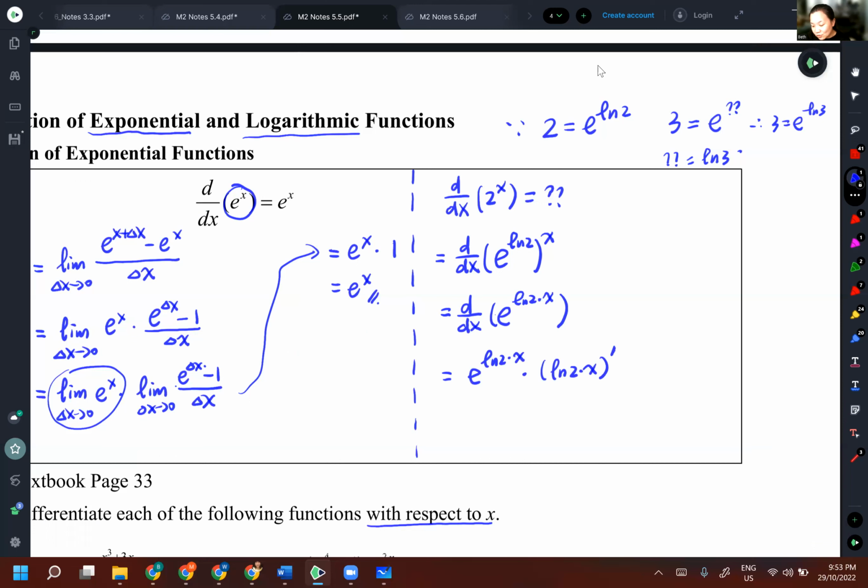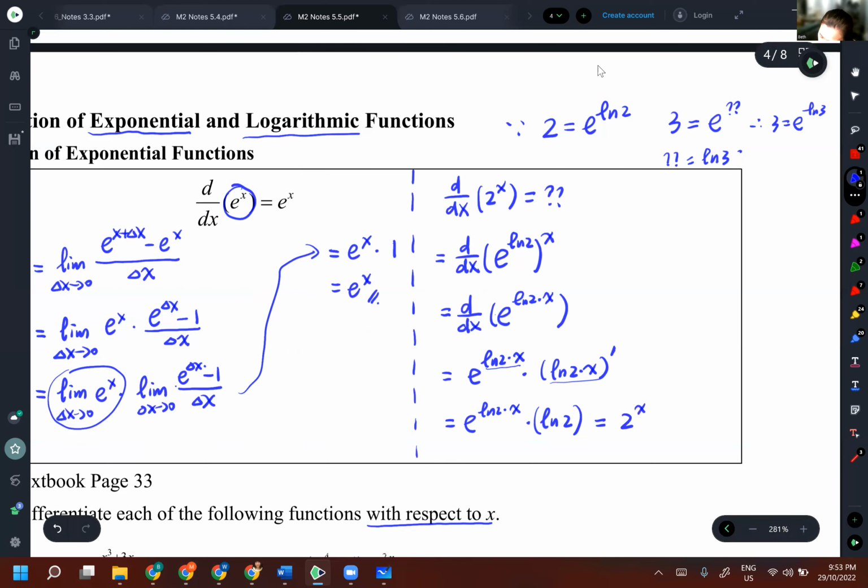You see, this is u. So this is e to the power log 2 times x, times log 2. Now this is already done after differentiation. To simplify the answer, this is 2 to the power x times log 2.